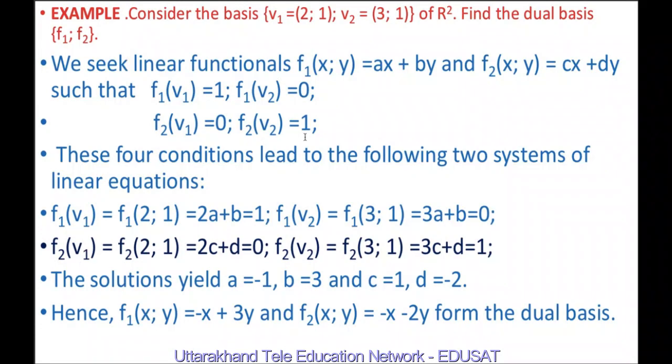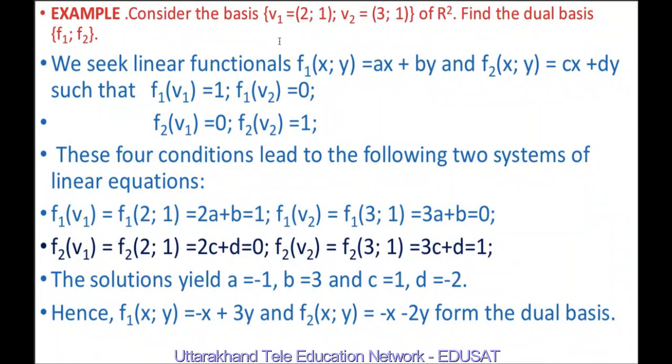This is by definition of dual basis. When suffixes of f and v are equal, then it is 1. When these are different, then this is 0. These four conditions lead to the following two systems of linear equations.